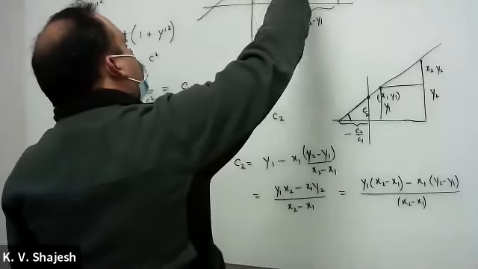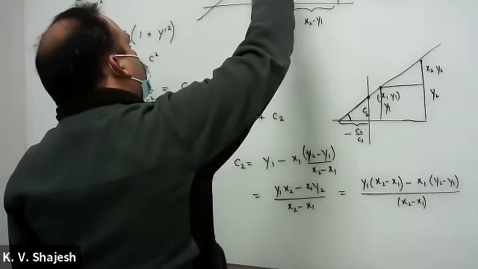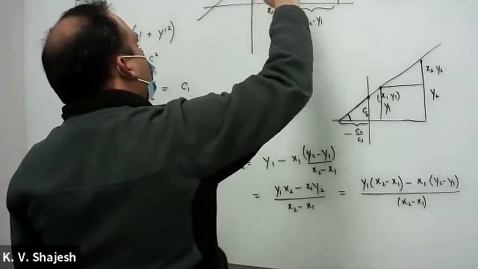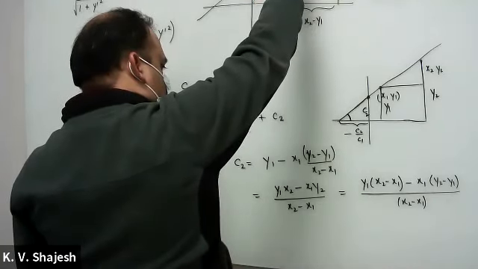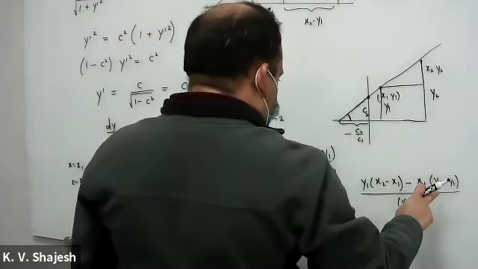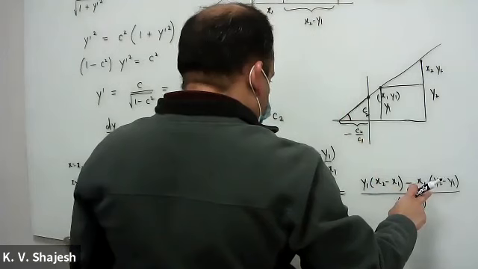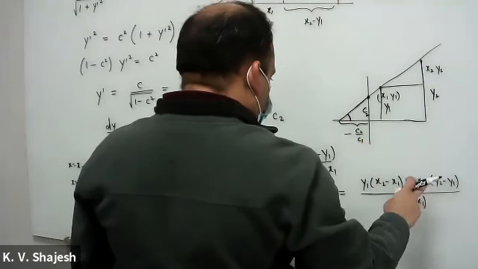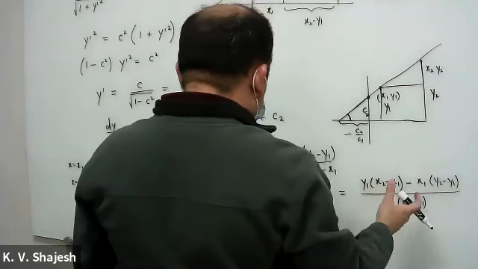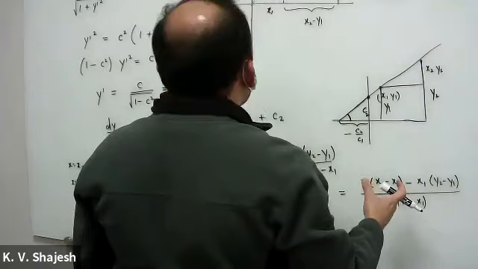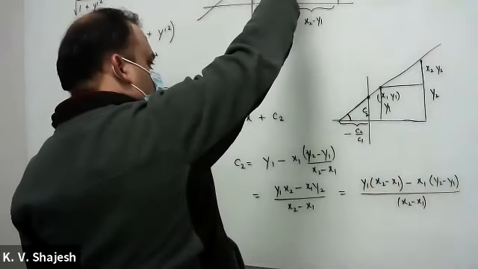So the slope, or tangent theta, multiplied by x1 is this y1. And this one is y1 minus y1. I don't know, so it shouldn't be 0.